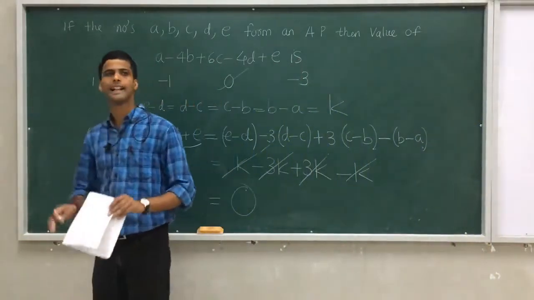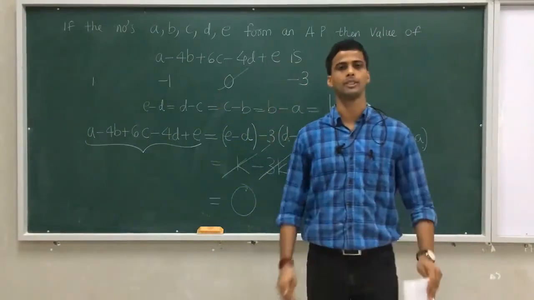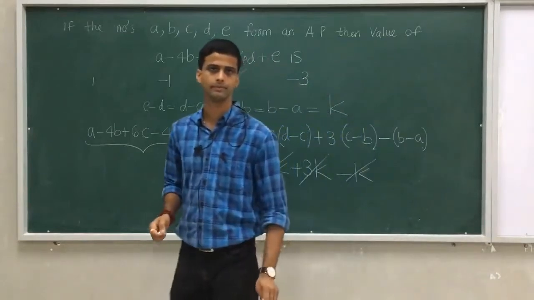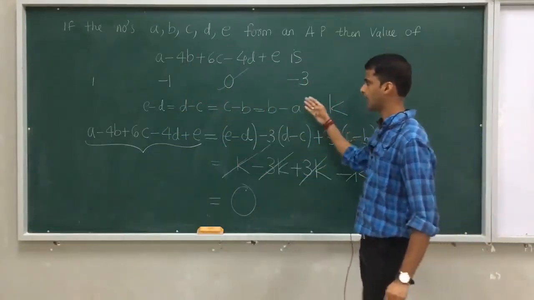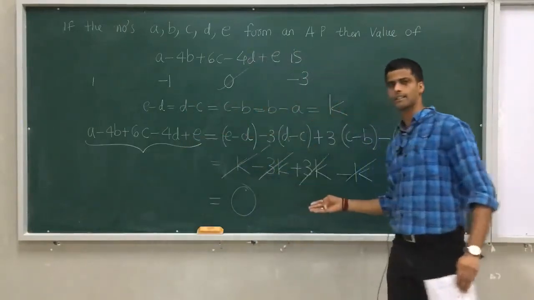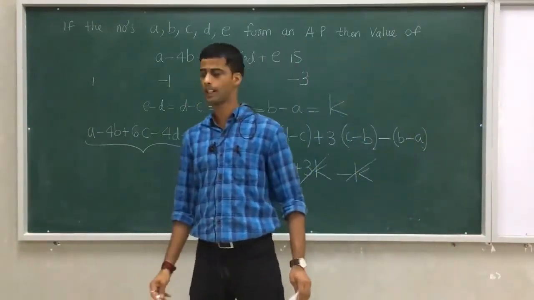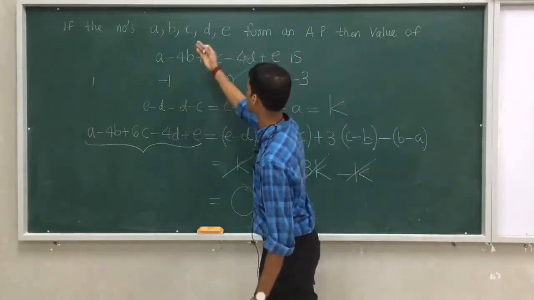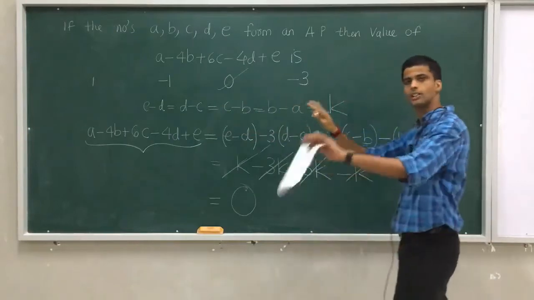Look at the approach. Though I have solved a smaller number of questions, it is equivalent to 100 questions, because almost all questions of this kind can be solved this way. Understood? But look at the weightage. If you have this idea, you can easily end up with solutions. What I have done: I know that they are in AP, so I took the common differences E minus D, D minus C, C minus B, B minus A as a constant.